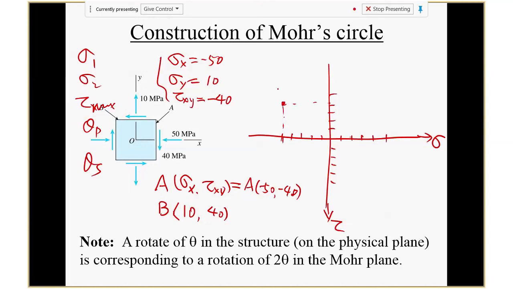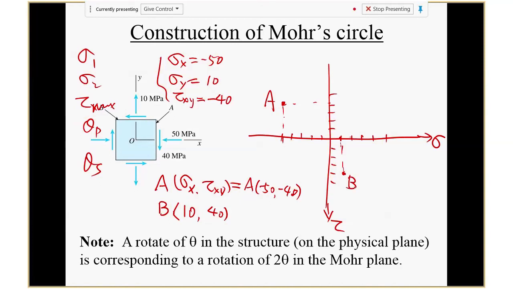So that's the point A. Everyone agree on that? Okay, now can we find the point B? Where's the point B? 10. Okay, so here's 10. Go up or down? Down by 40, right? So here. This is my point B.